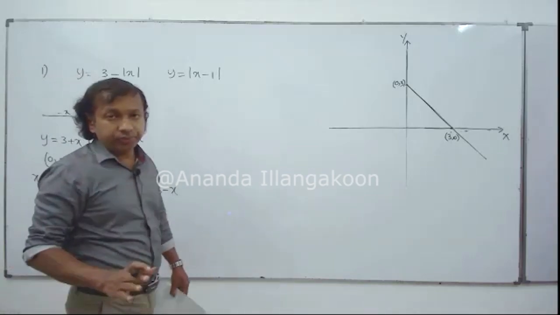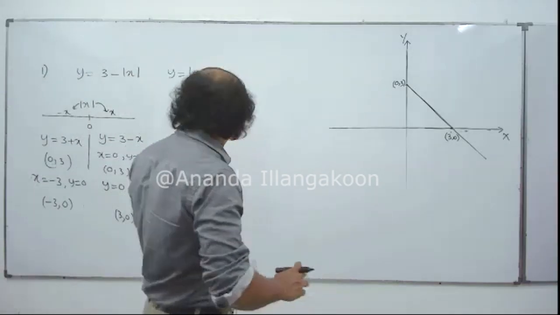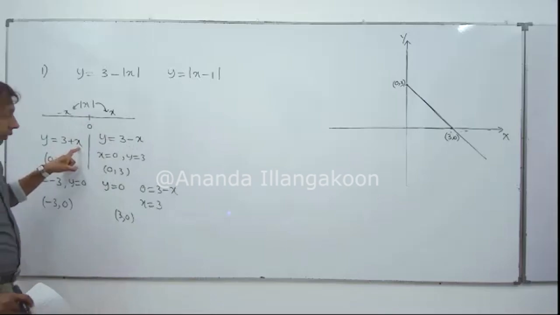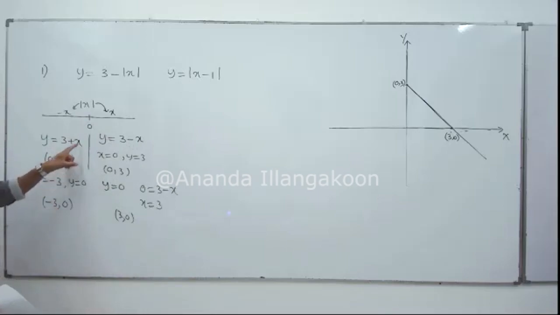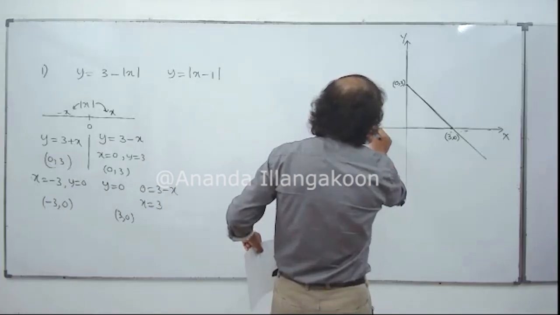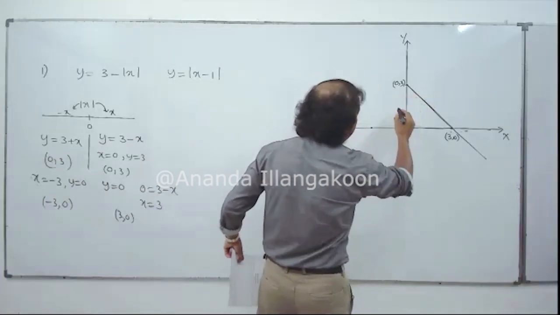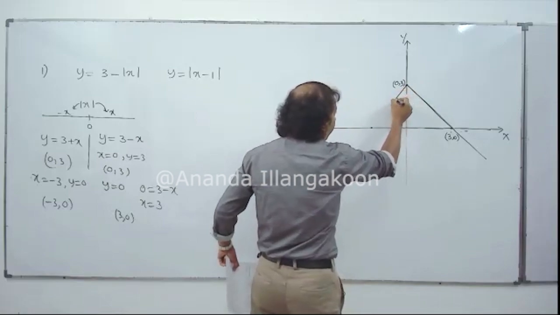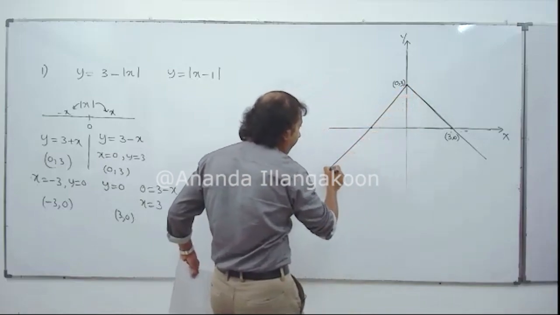One point is (0, 3), that is a compulsory point. Put x equals 0 here and here. That is definite. And the other one is any x value in the interval. I put x as minus 3, then y is 0, minus 3 is here. Another line is this here.